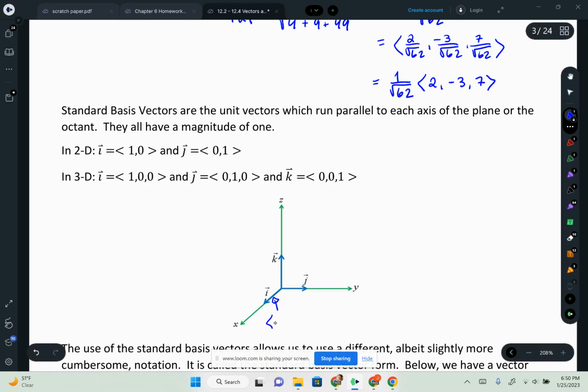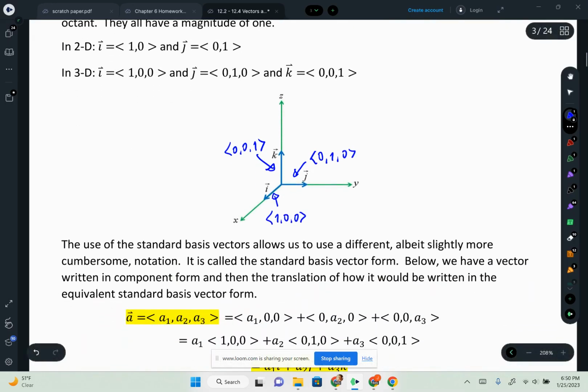And so we could just write what these are so that they are on our picture, so that i hat is the vector 1, 0, 0, j hat is the vector 0, 1, 0, and k hat is the vector 0, 0, 1. Okay.